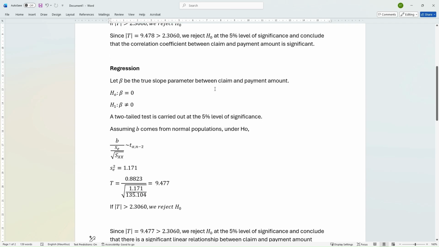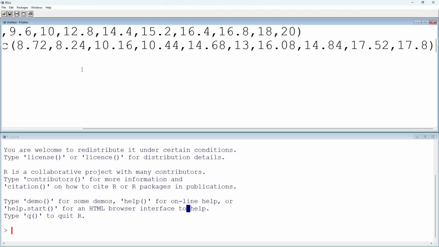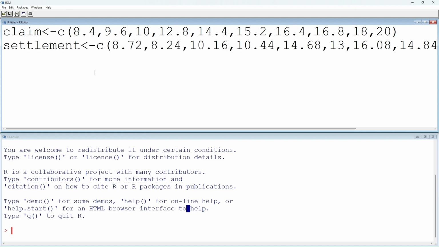Our next step now is to do the same thing, but using R. We will open R and input the data. You will observe here, I've already put the data somewhere, so I'm just going to paste that here to make things easy. Here I'm defining claim as a vector containing the different values.